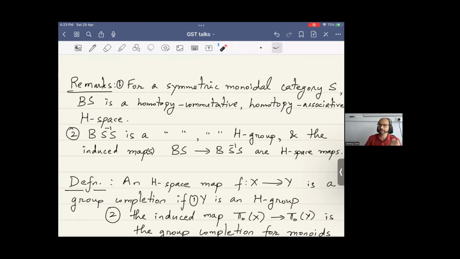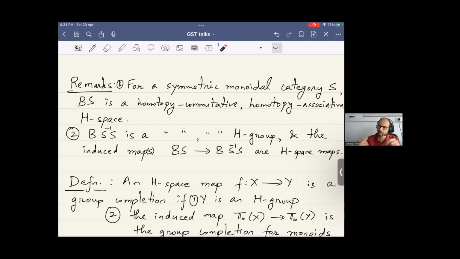Fine. So how is this related to symmetric monoidal categories? If you have a symmetric monoidal category S, then its classifying space is a homotopy commutative, homotopy associative H space. This is kind of a direct check. There is nothing really to do here. The map mu is induced from the tensor. Remember, mu applies only on objects, on points.